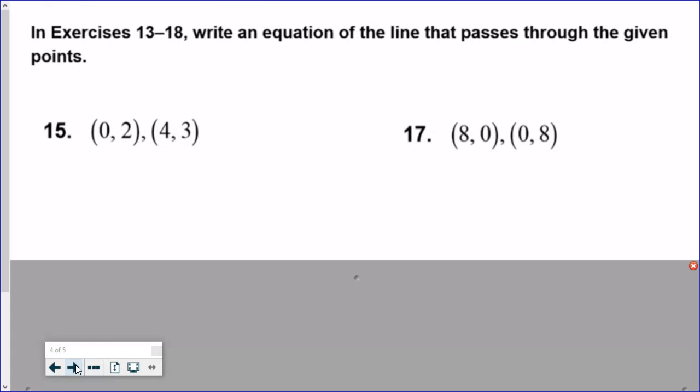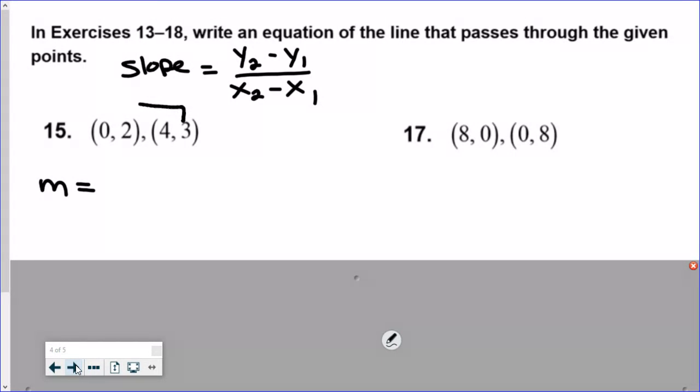Okay, write an equation of the line that passes through the given points. Here we go. You remember the slope formula. If you don't, write it down. To find the slope, you have to do y sub 2 minus y sub 1 over x sub 2 minus x sub 1. Okay, so to find my slope, remember I go up and over 3 minus 2, down and over 4 minus 0. So we have 1 over 4, not reducible.